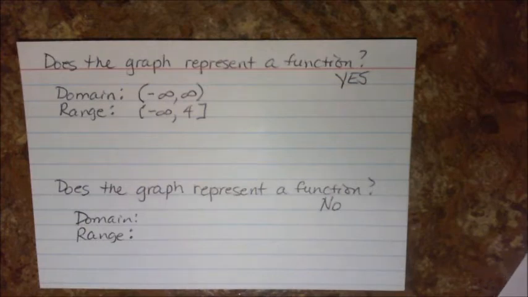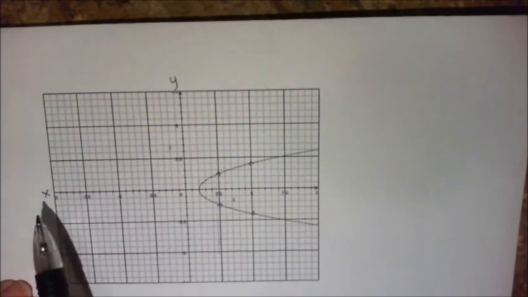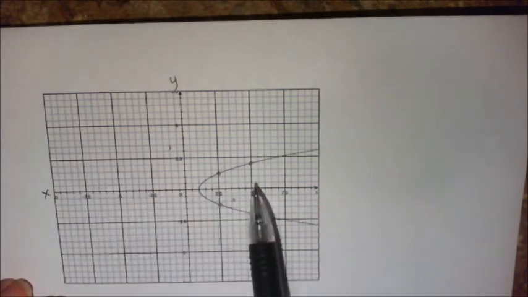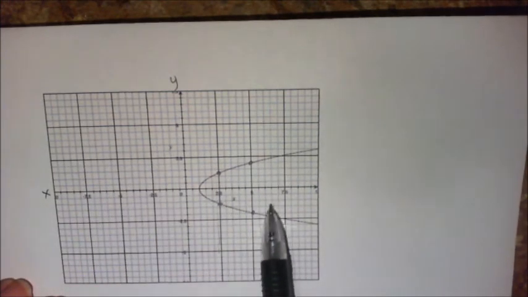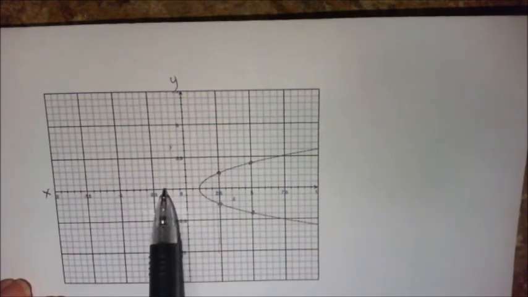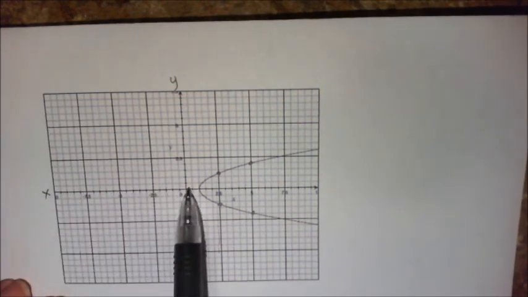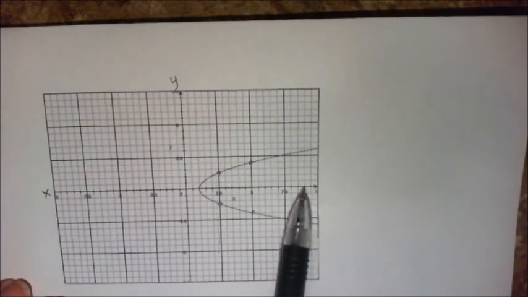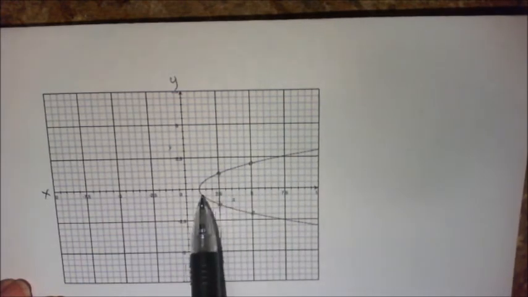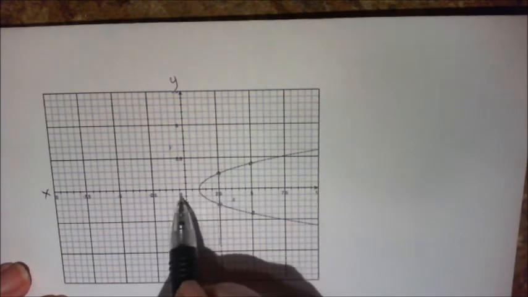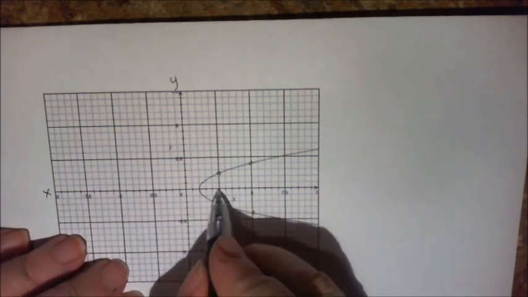So the answer, does the graph represent a function? No. Can we still name the domain and range? Sure. Alright, so how much of the x-axis is needed to show values here? The graph starts with these values of x, doesn't it? So where does that pick up? Let's see, what are our markings here?